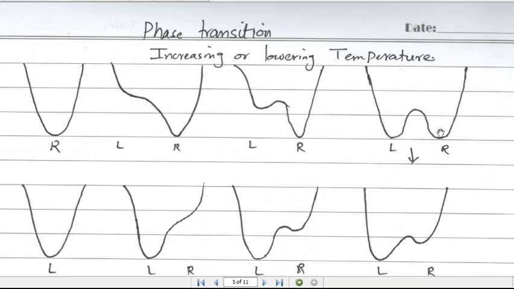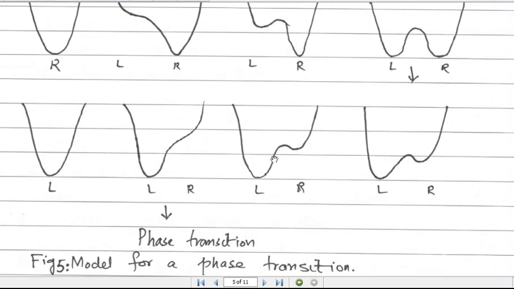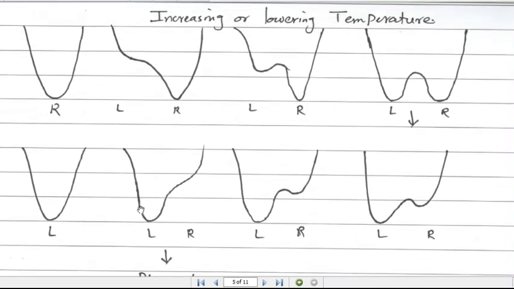At a certain point, both minima will be equal, and finally there will be a point when the system will become unstable and decay into some other state. This is the point of phase transition, and after the phase transition the system will remain in this state, which can be the other state of the system.